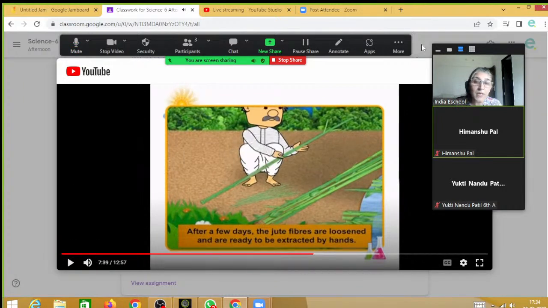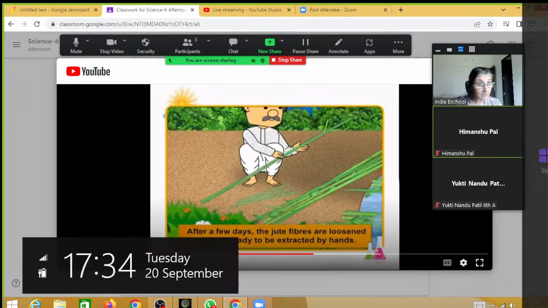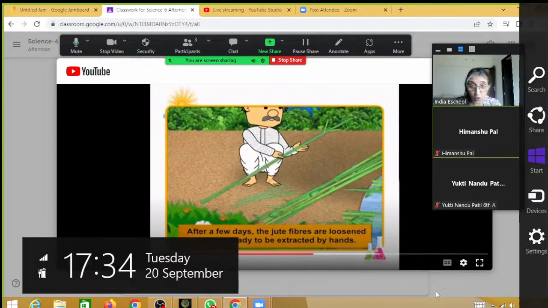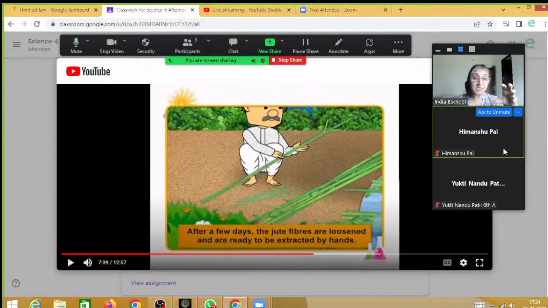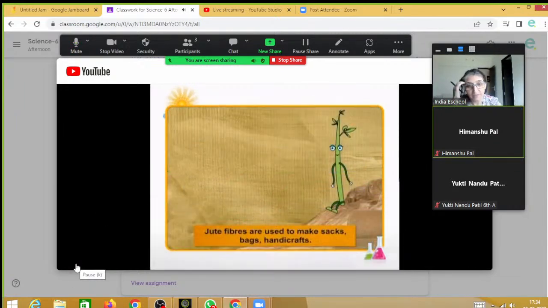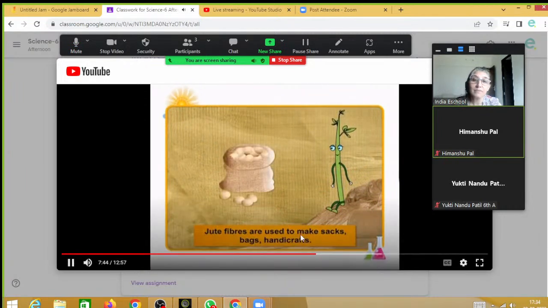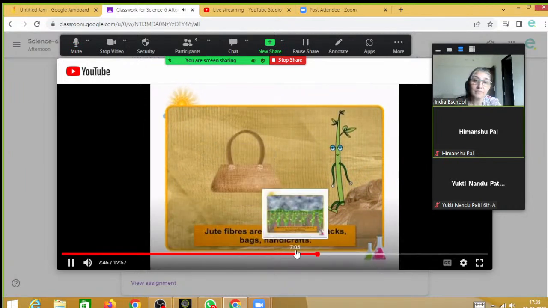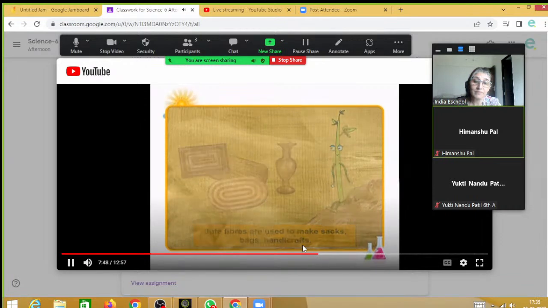Look, now they have taken out each strand, each fiber, and put it down. It is done by hand. From the loosened stems, jute fibers are taken out by hand. And then what happens? The finished jute fibers are used to make sacks, bags, handicrafts.